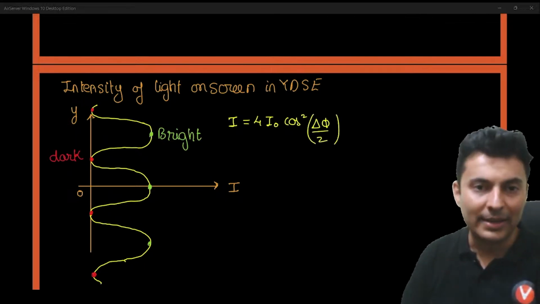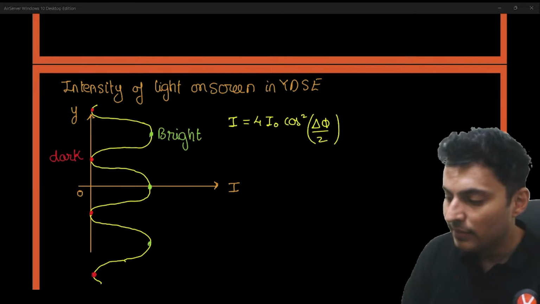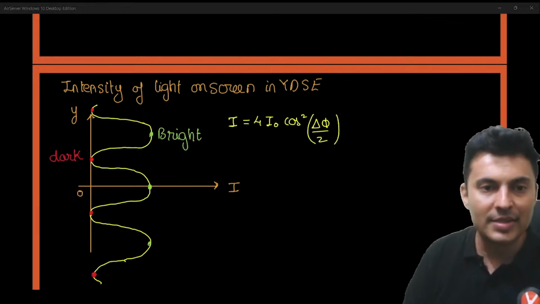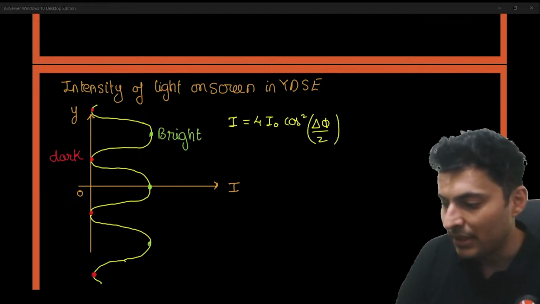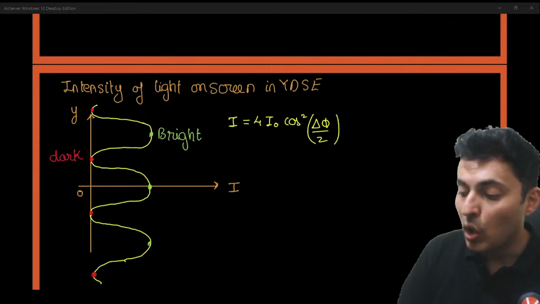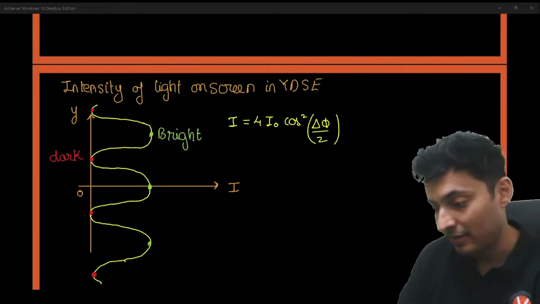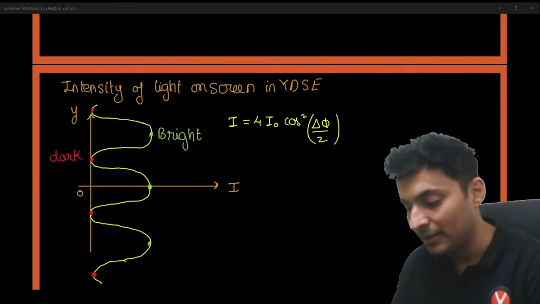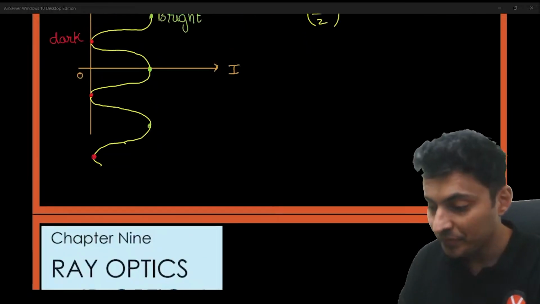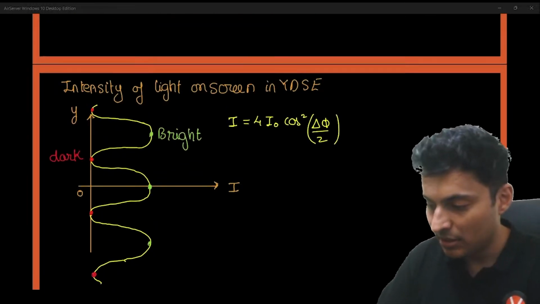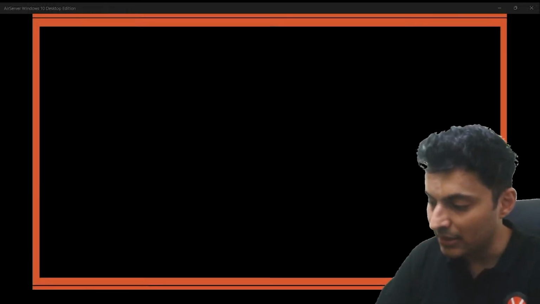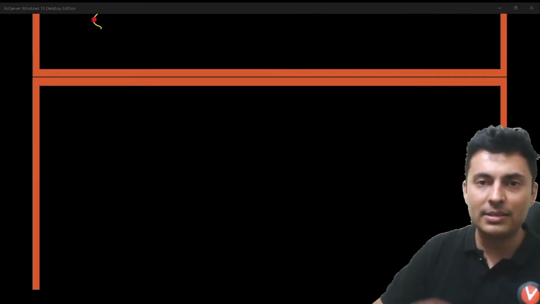That is the formula which you must know. Keep this in mind. It's a cos square graph. It's not a cos graph, it is a cos square graph. Bear that in mind.